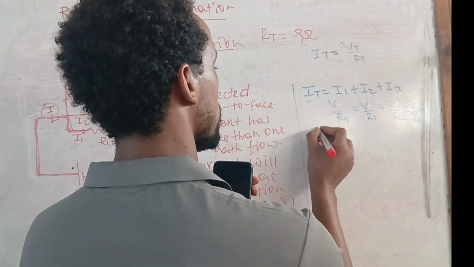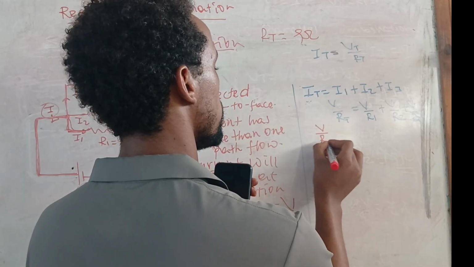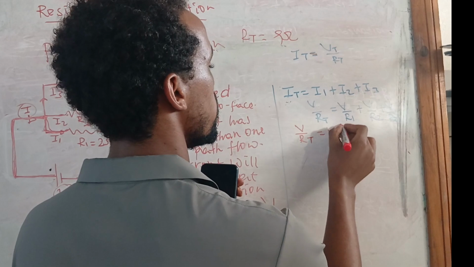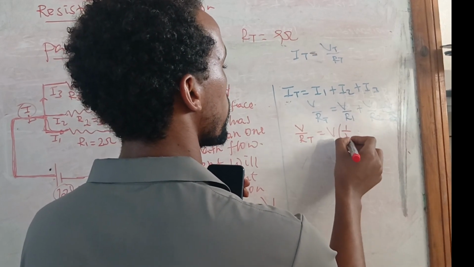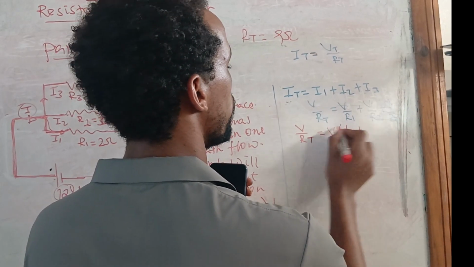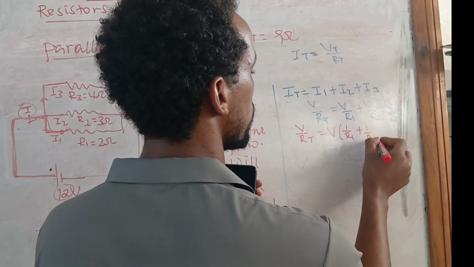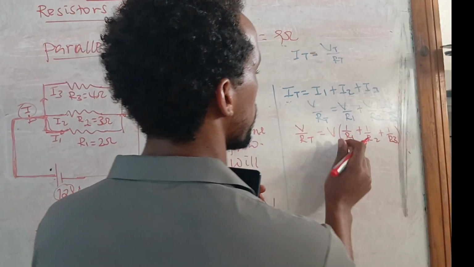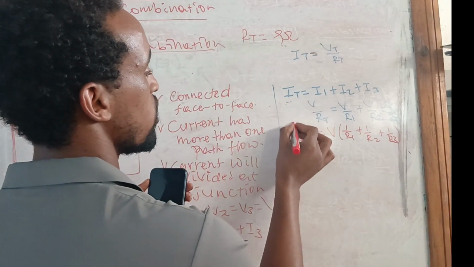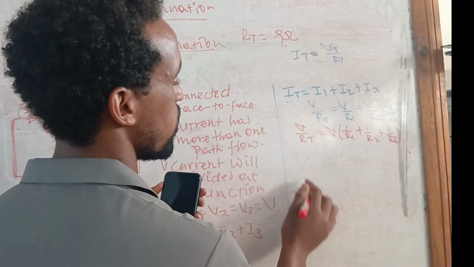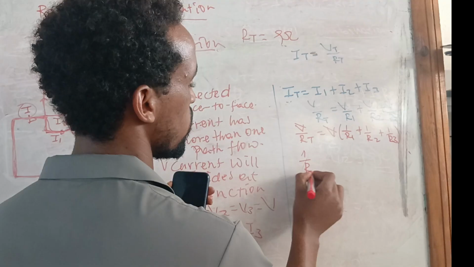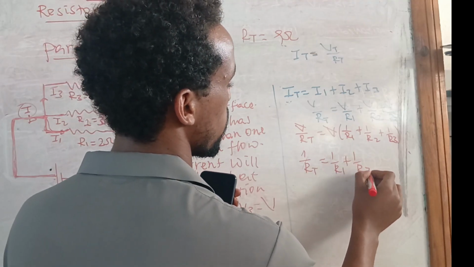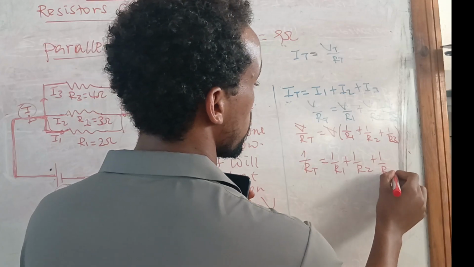Now look: V over R total is equal to, taking V as a common factor, V times 1 over R1 plus 1 over R2 plus 1 over R3, because V is taken as a constant. This V cancels out, so 1 over R total is equal to 1 over R1 plus 1 over R2 plus 1 over R3. You see?